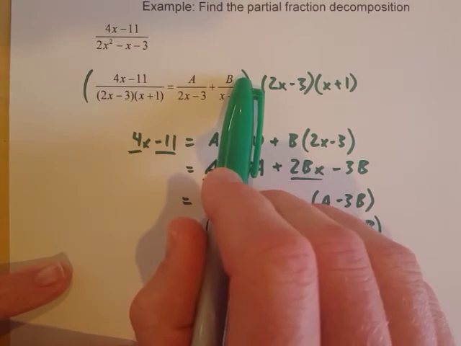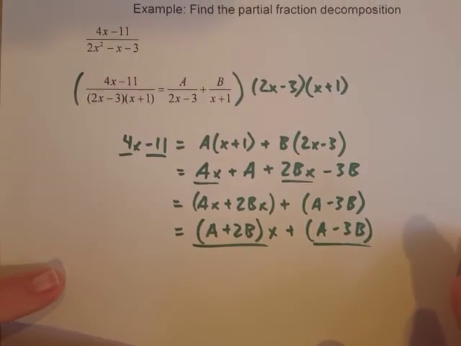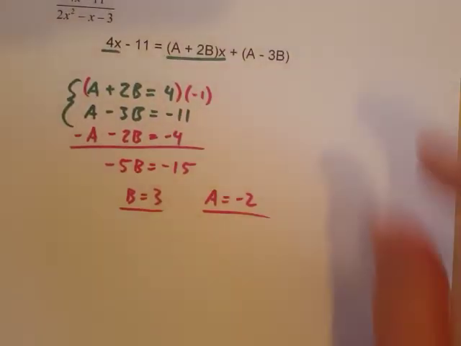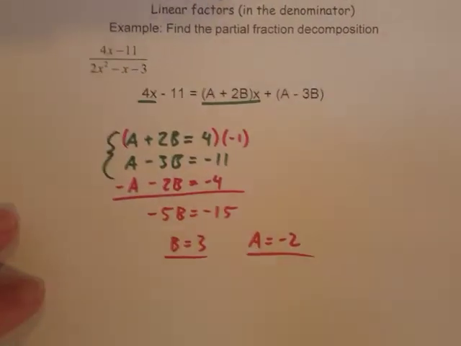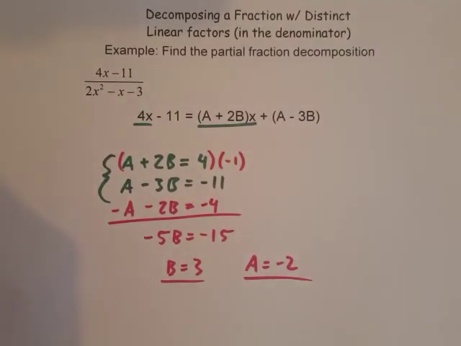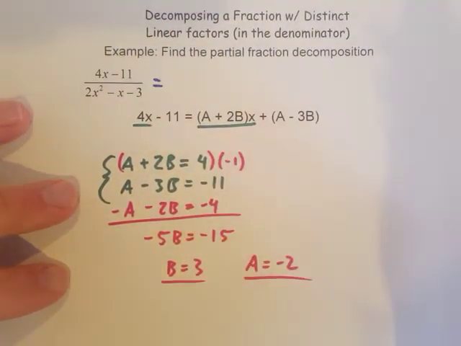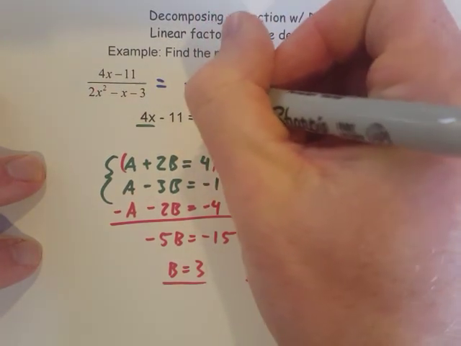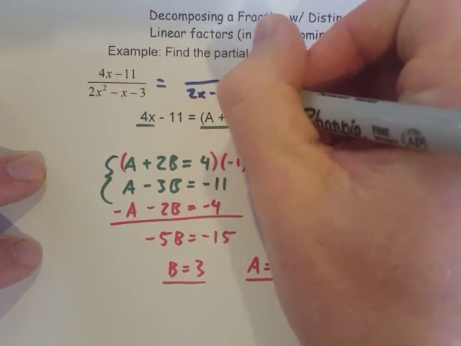So now what we'll do is write the summary statement here, and that is, since we found a to be negative 2 and b to be 3, we can now rewrite this formula. I'm going to use a different color. We can rewrite this as a over 2x minus 3.